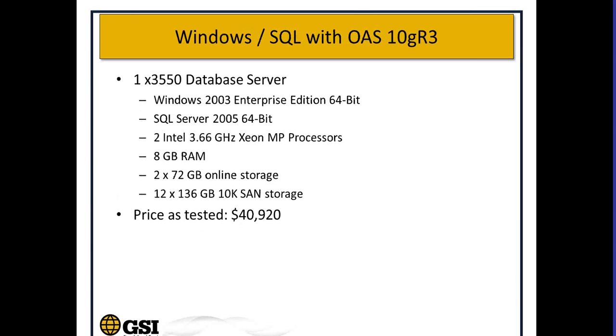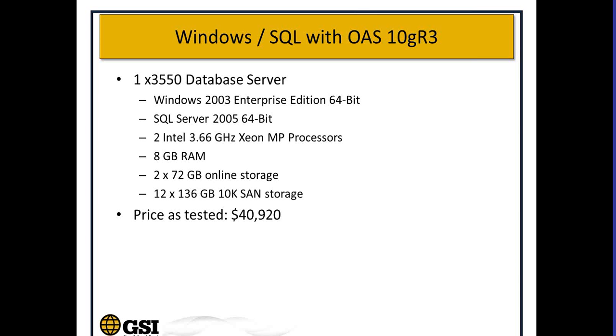But anyway, as far as the Windows SQL test, if you look at the hardware that was utilized for this and the costs for this, I got updated pricing as of about 3 or 4 months ago. So this is a little outdated, and you could probably get all of these systems for less now.